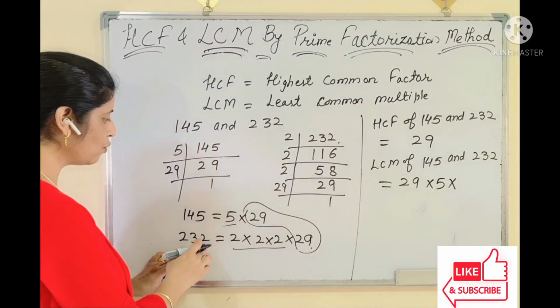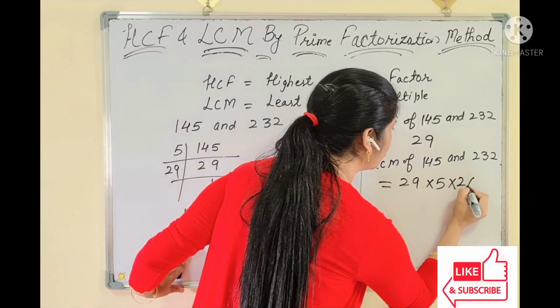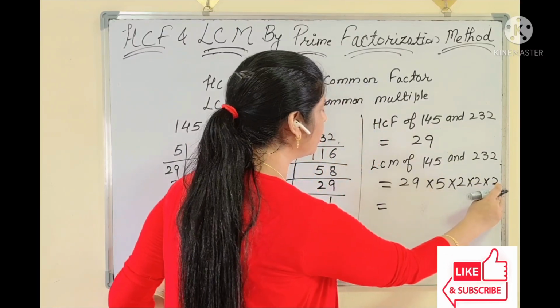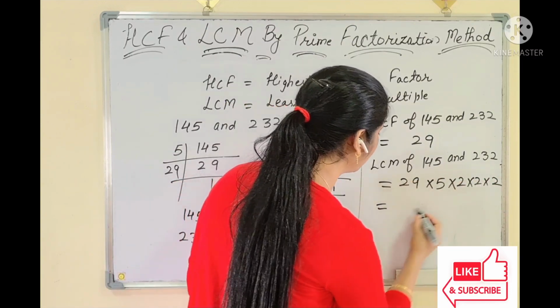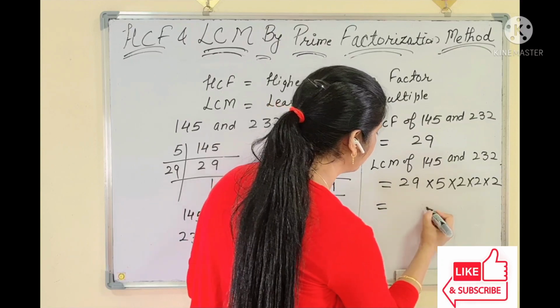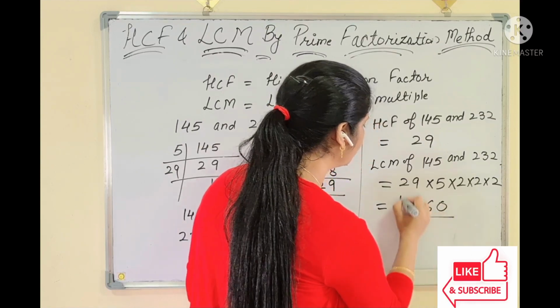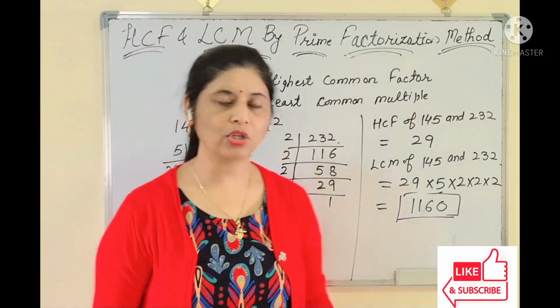In case of 232, 2 multiply 2 multiply 2. So now we will multiply all the numbers. 5 2s are 10, 4s are 40, 40 multiplied by 29, 4 9s are 36, 4 2s are 8, 11, 0. So this is the LCM of 145 and 232.